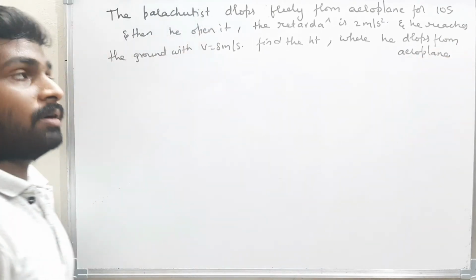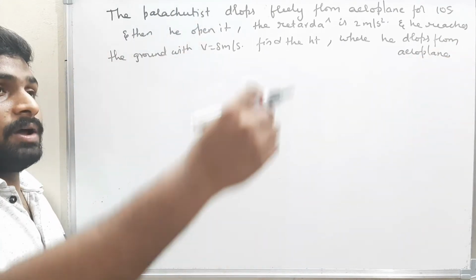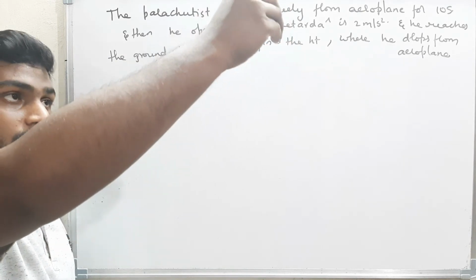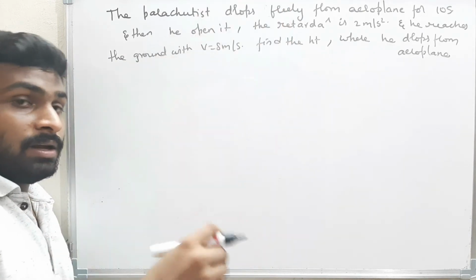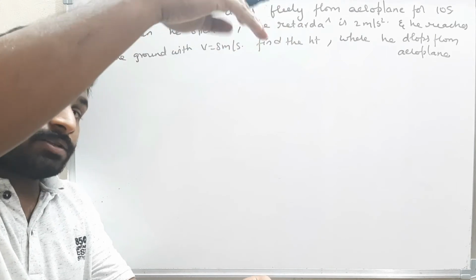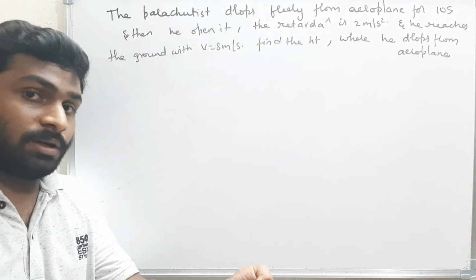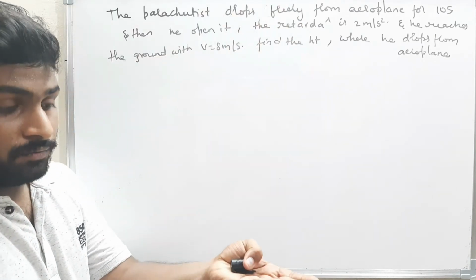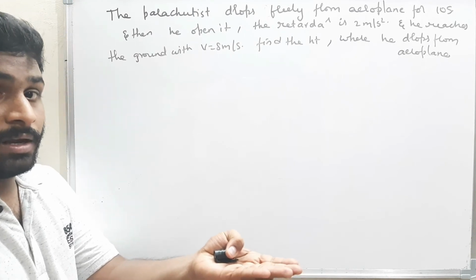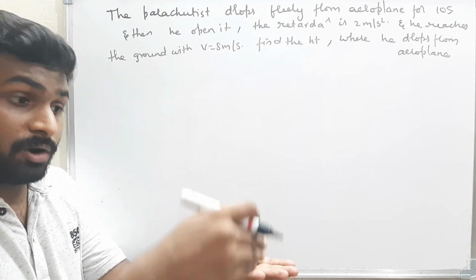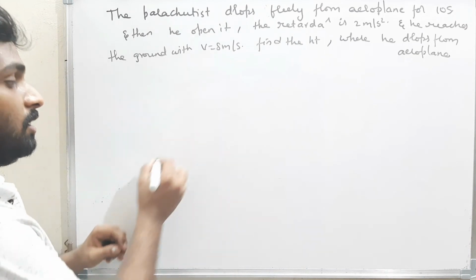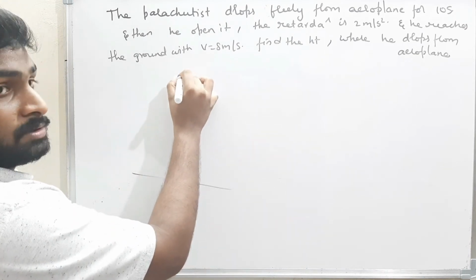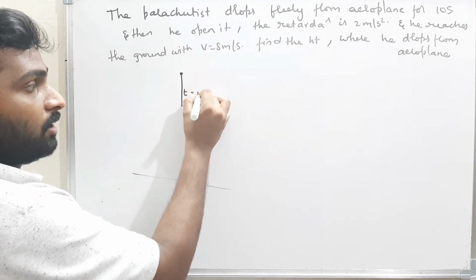Now see the question. What did they ask? Simply they told the parachutist dropped freely from the aeroplane for time t equal to 10 seconds. That means till time t equal to 10 seconds, the acceleration acting on the person is 10 meters per second square. Now here he opens the parachute. Once he opens the parachute, the acceleration is retardation, that means the velocity will decrease from there. Here this is the ground. From here he drops for t equal to 10 seconds.